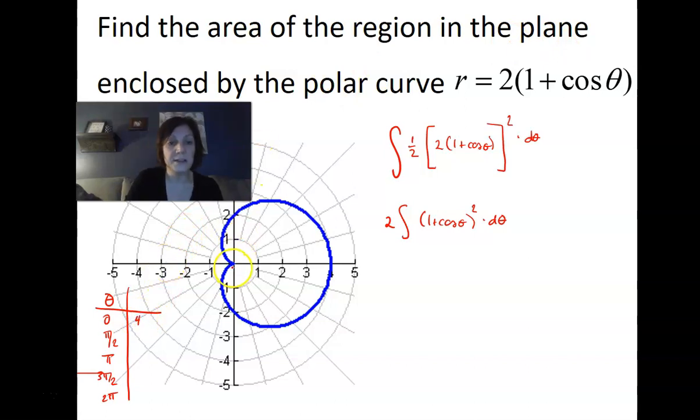So theta is 0, r is 4. That's this point right here. At pi over 2, your cosine is going to be 0, so this will be a 2. So look, at pi over 2, I'm at 2. So I go like this.